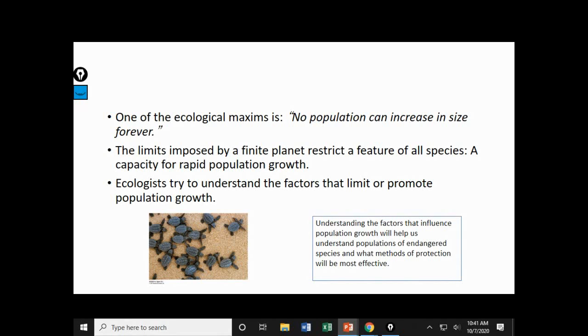So a lot of this unit is going to be looking at what we can do as budding ecologists to understand these factors. Once you understand them, you can better promote protection, conservation, all of that sort of good business.